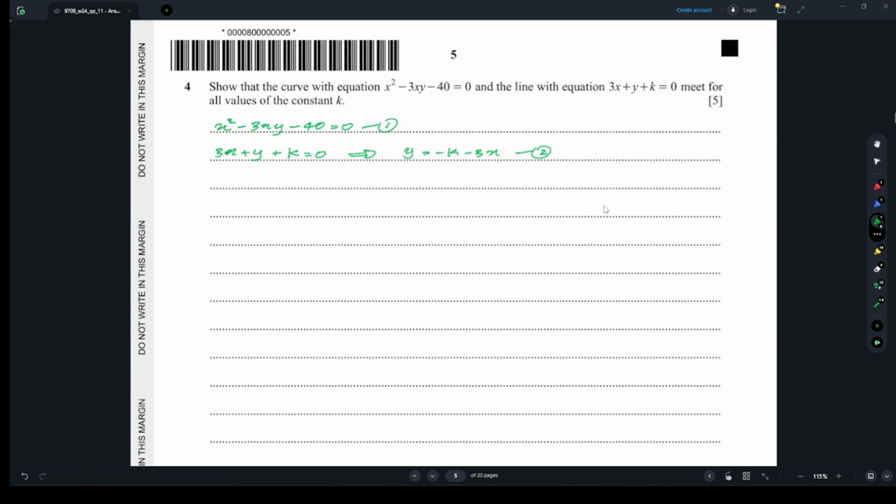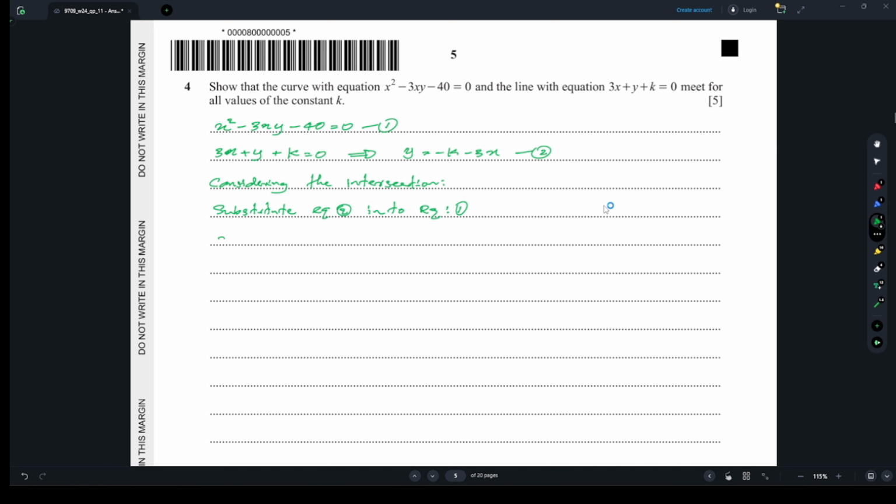I will take this one as the second equation. At the intersection, the y coordinates are the same, so we can substitute equation 2 into equation 1.